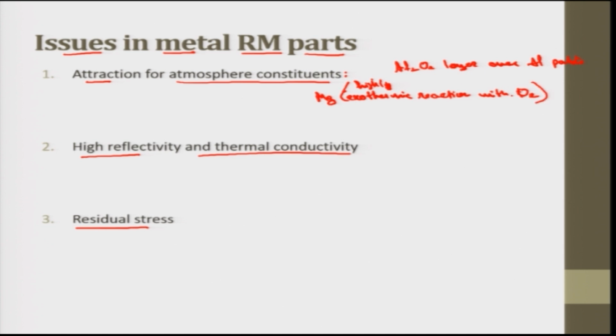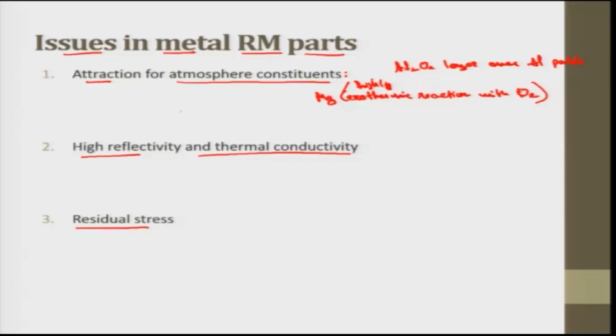When the reaction is very exothermic, it may be hazardous, it may be dangerous if not carried out in an oxygen free atmosphere. So, the operators can also be hurt with that. So, these attractions or affinity to atmospheric constituents are important to be taken into account when we design the processing technique. So, this is one of the issues in metal rapid manufacturing parts.